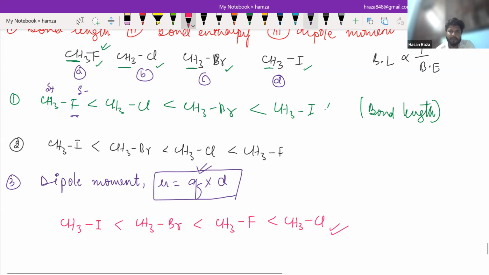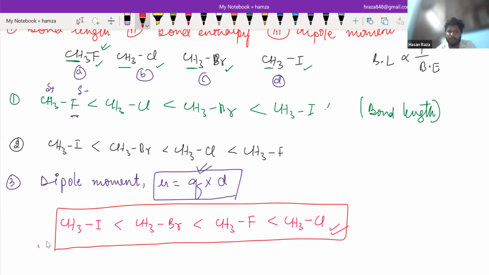See what happens here. Wait a minute. I think this CH3F, CH3Br. Okay. This is the increasing order of dipole moment.